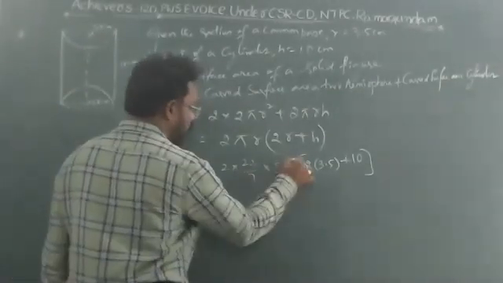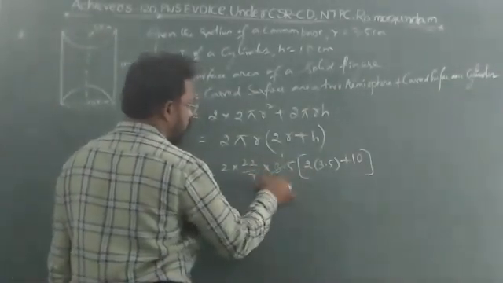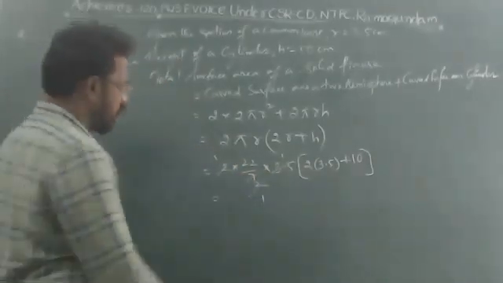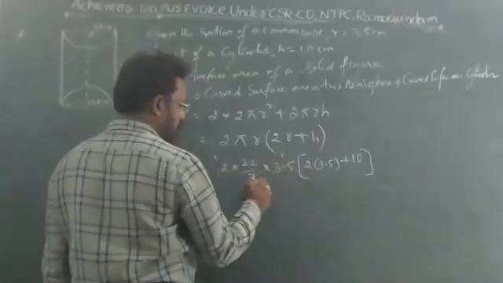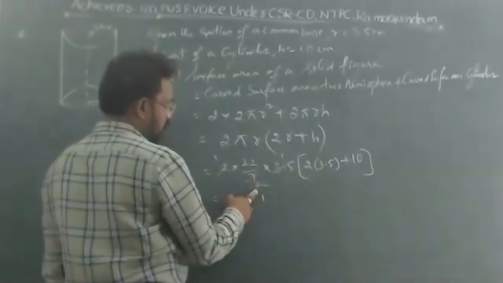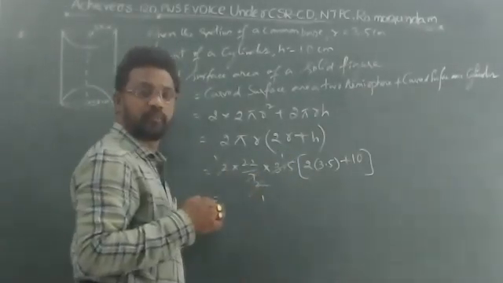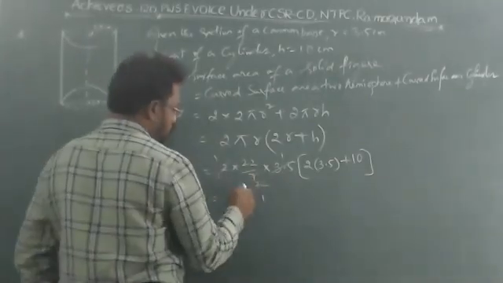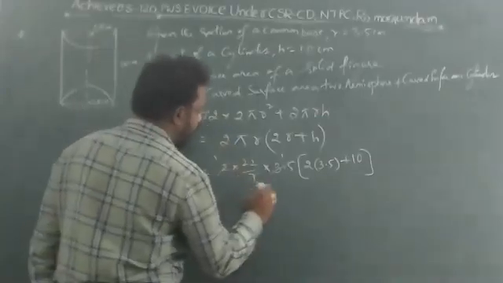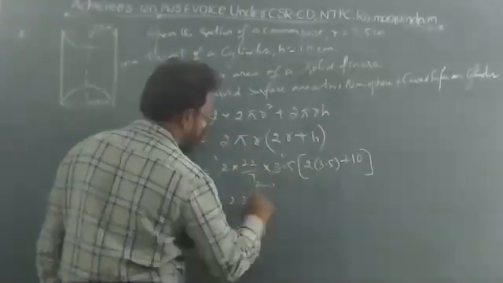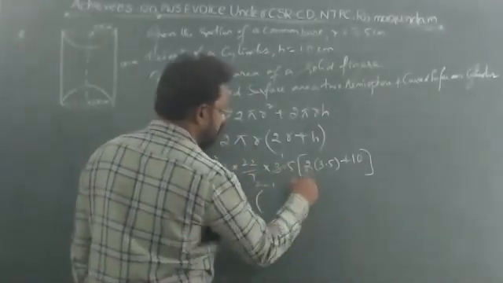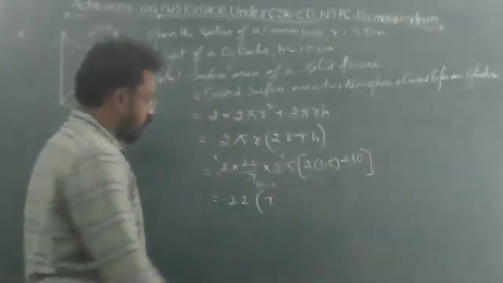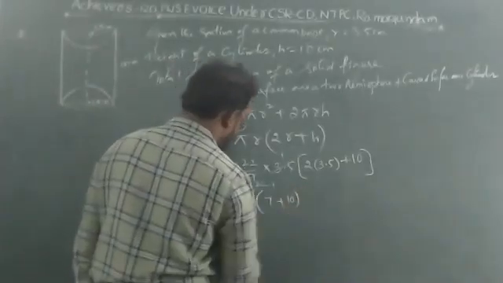Yes. Now 3.5 ones are 3.5, twos are 7. The 2 get cancelled. What is left here? 22 into 2 into 3.5, that is 7, plus 10.